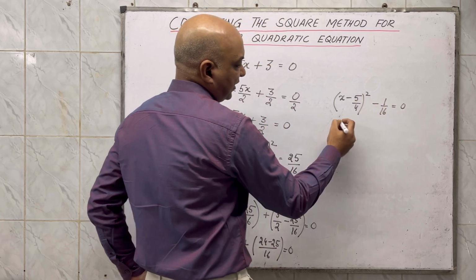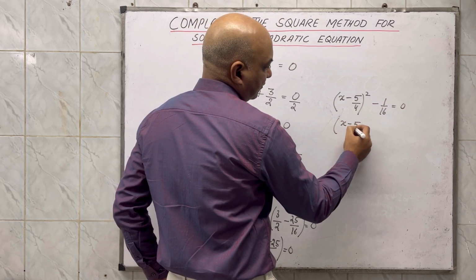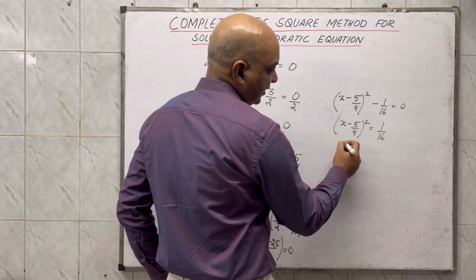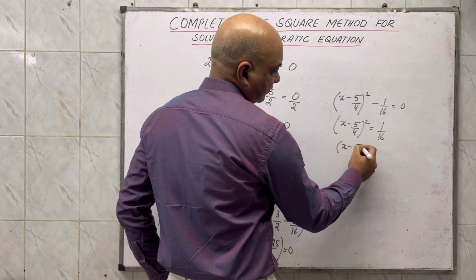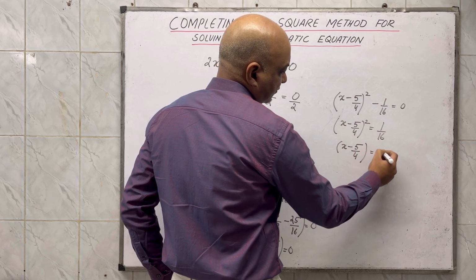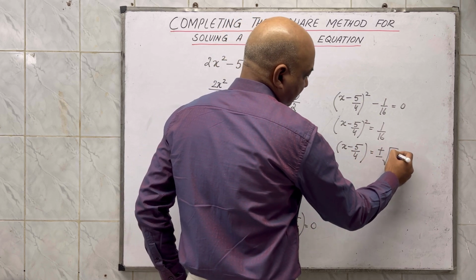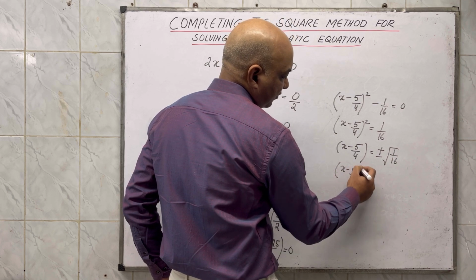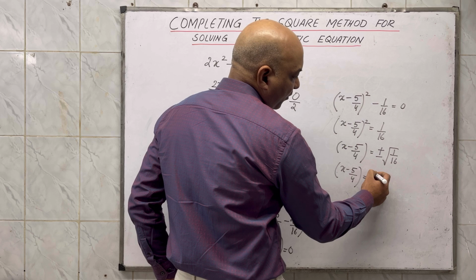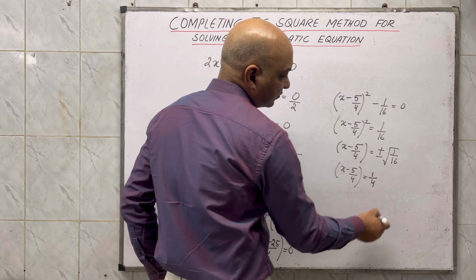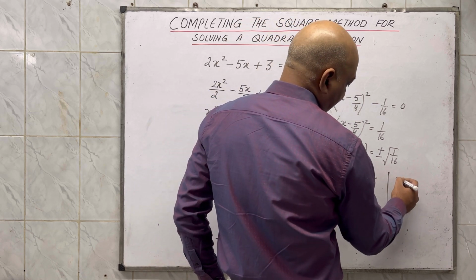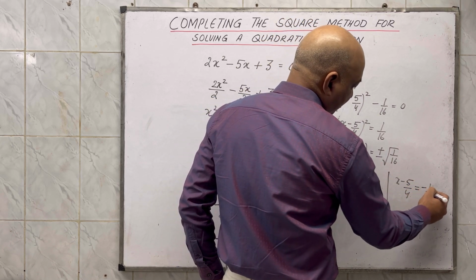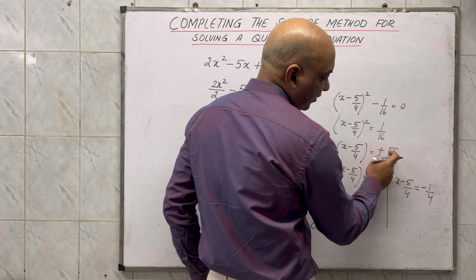If I take this to the other side and then take the square root on both sides, I will get x - 5/4 = +1/4, and also x - 5/4 = -1/4.